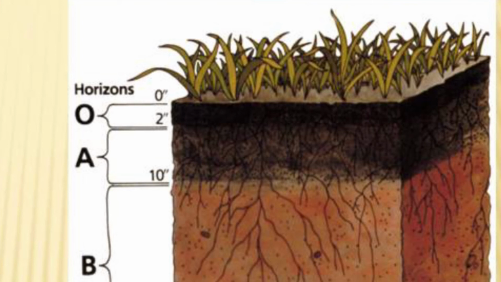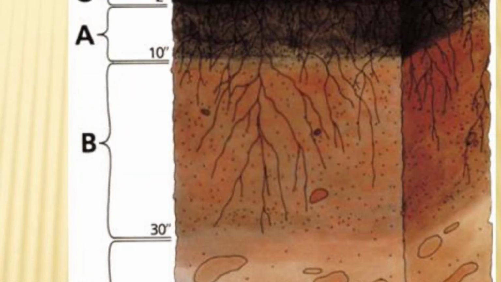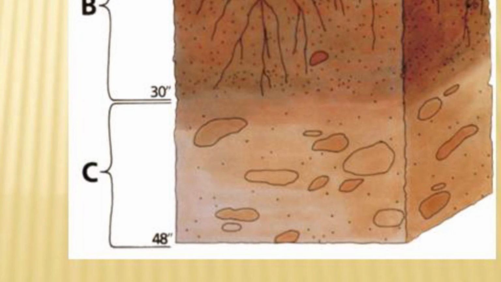Going down to the A horizon, which is about 2 to 18 inches deep. As we go downwards, we go to the B horizon, which goes up to about 30 inches in depth, and then the C horizon goes anywhere downwards, depending on how far the parent rock or bedrock can be found.